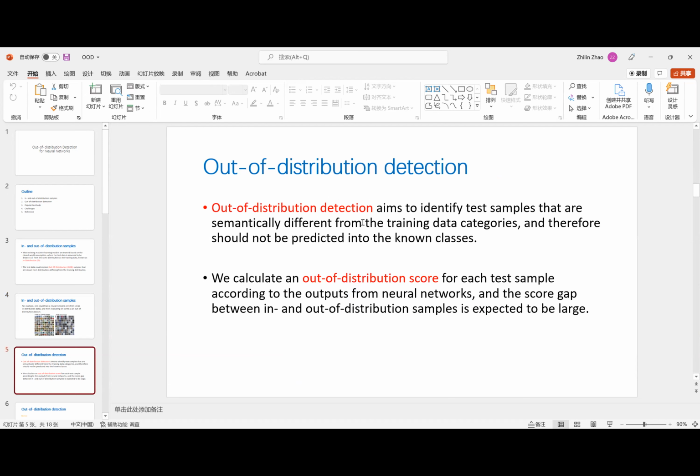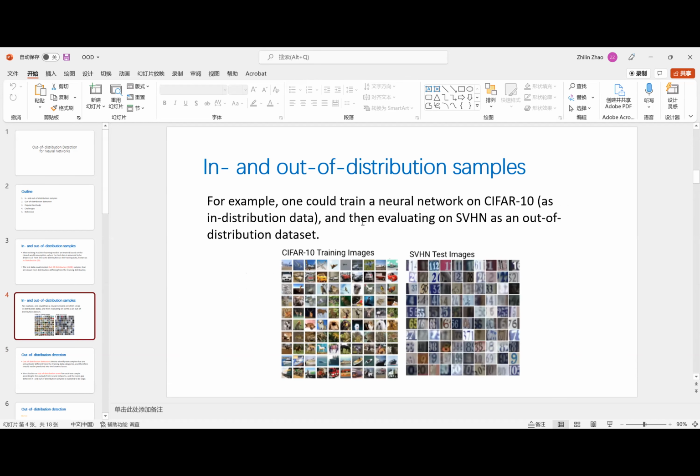So the target of out-of-distribution detection is to identify the test samples that are different from the training data. Like in this example, when your training dataset is CIFAR10, you want to detect whether the test samples are from CIFAR10 or from other datasets.